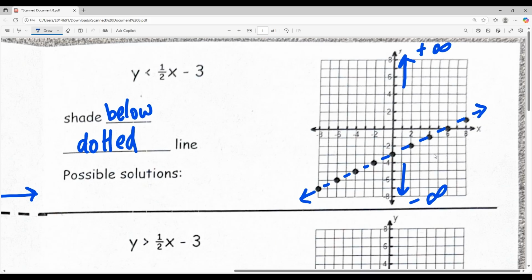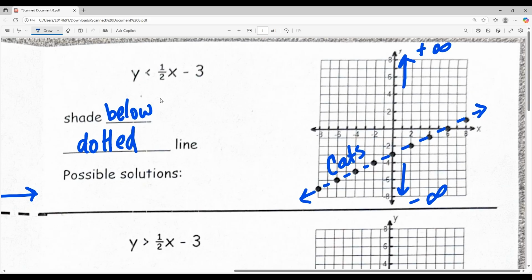Now, we're shading below. I'm going to write my name like I would on a line. So my name is Epperson, so I'm going to write Eps. Or I like cats. So I'm going to write cats on the line, so that my word is above the boundary line.